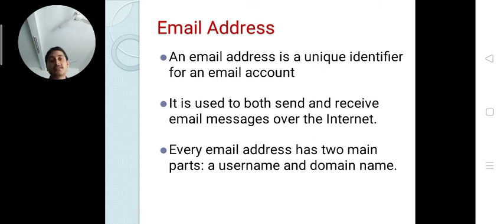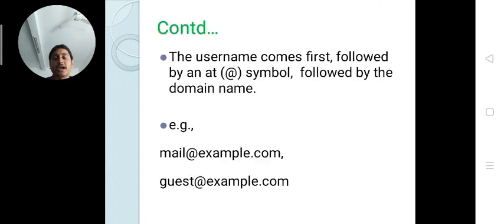Every email address has two main parts, a username and a domain name. The username is unique for everyone. It is not common for anyone. The username comes first, followed by an @ symbol. It is pronounced "at" also, followed by the domain name.